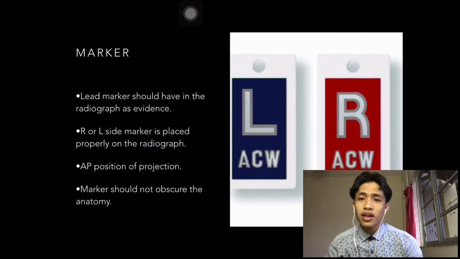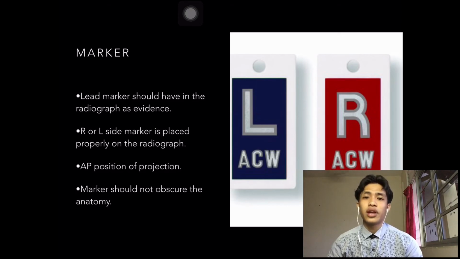So the right or left side marker is placed properly on the radiograph. In the AP projection, the marker should not obscure the anatomy. It means that if you put the marker, you should not obscure the anatomy; we should put the marker beside the anatomy.